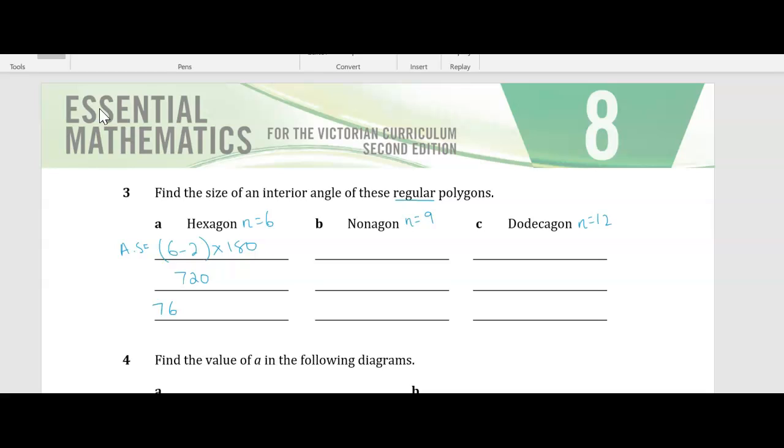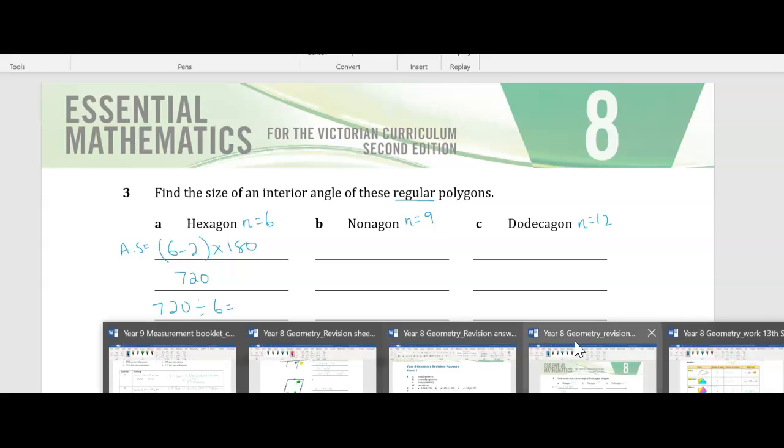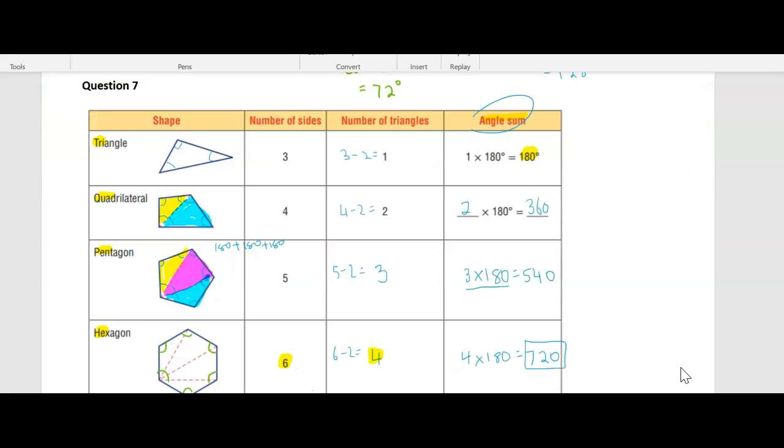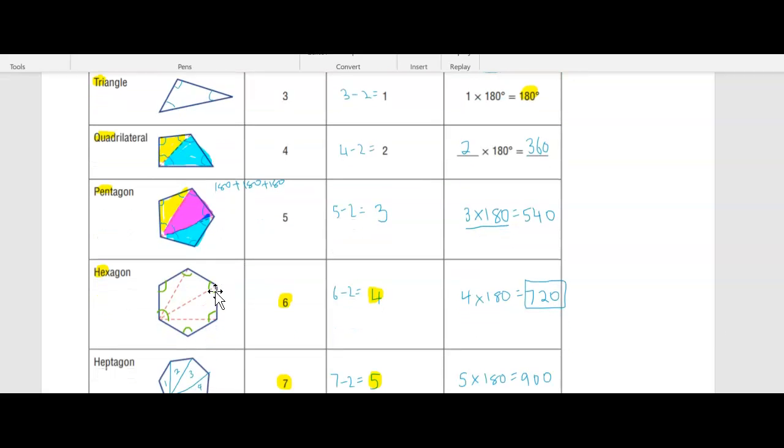Oh, what am I doing? What did I write? 6. I had 6 on my mind because we're going to be dividing by 6. 720 divided by 6. Now the reason why we're dividing by 6 is because there's 6 angles. So if I go back to our diagram of a hexagon, you can see that there's 6 angles there drawn in green.